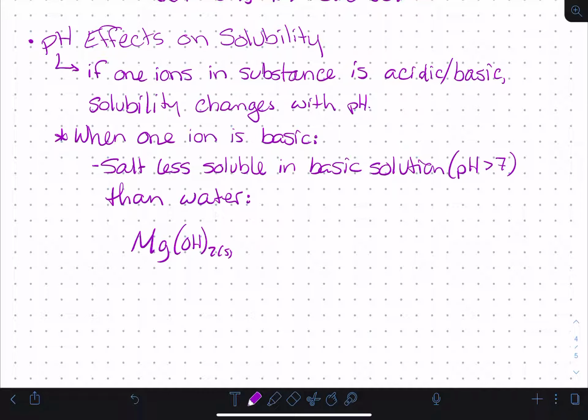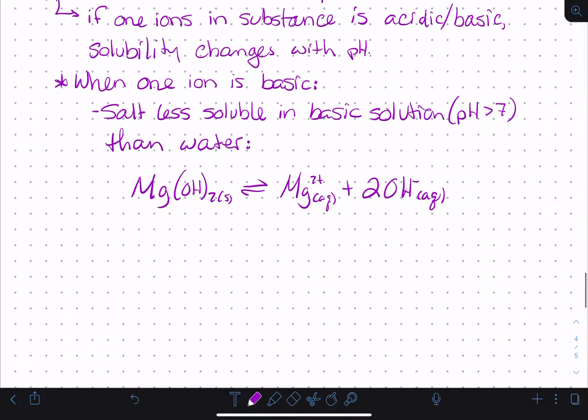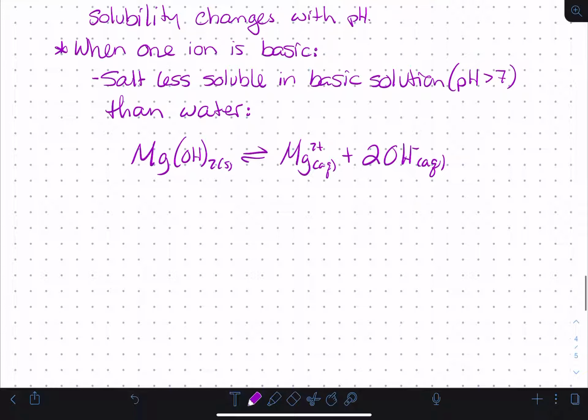So let's take magnesium hydroxide as an example. We know that hydroxide ions are basic. They're like our quintessential base. And what it means for a solution to be basic is that the hydroxide ion concentration is greater than the hydronium ion concentration.